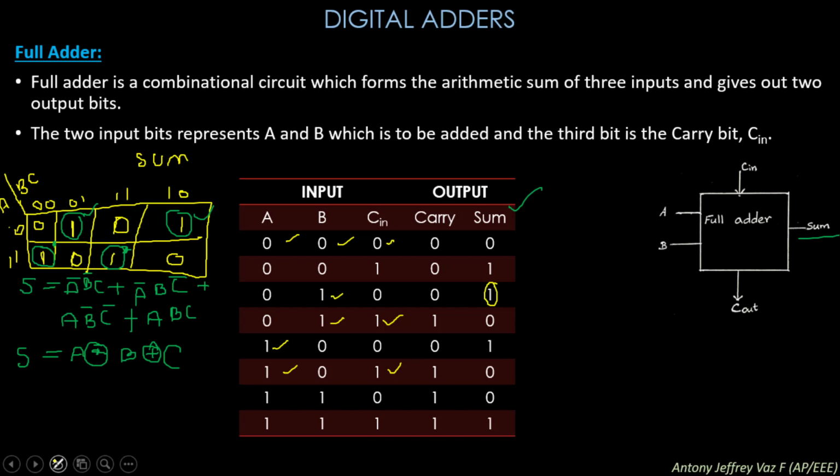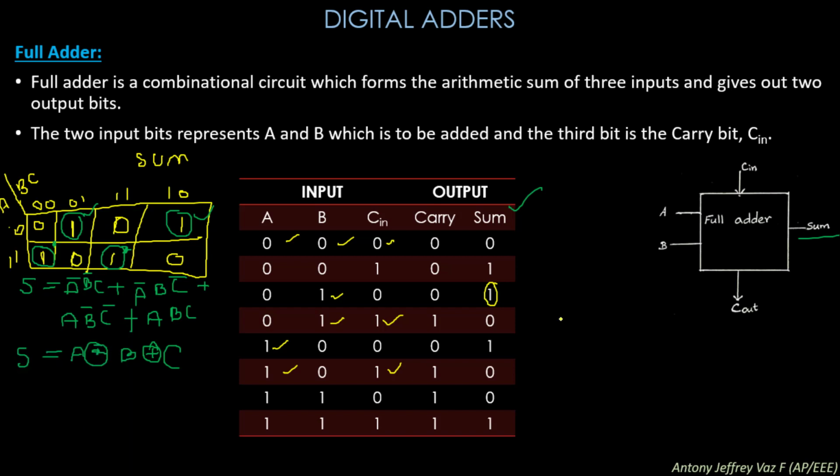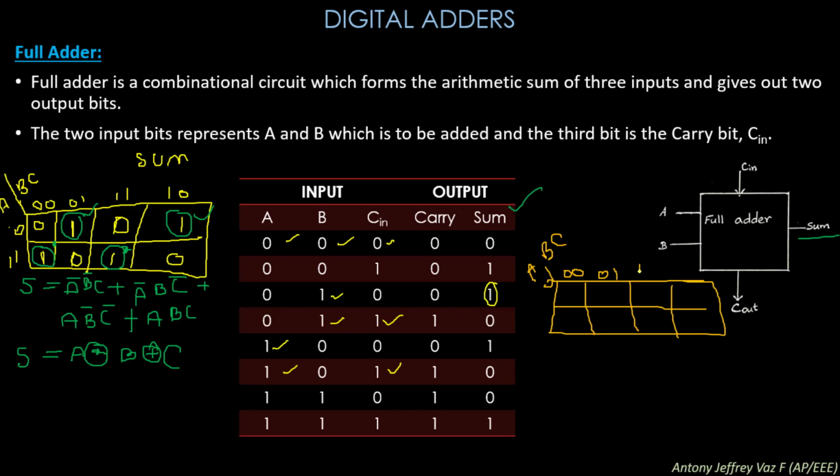Similarly, for the next stage, that is when you calculate the same thing for the carry. For the carry also we can calculate. For carry, if you do the same process, here you will get A, and here you will get B and C, and here it will be 0, and here also it will be 0, and 01 11 and 10, and similarly you will be having 1 here.